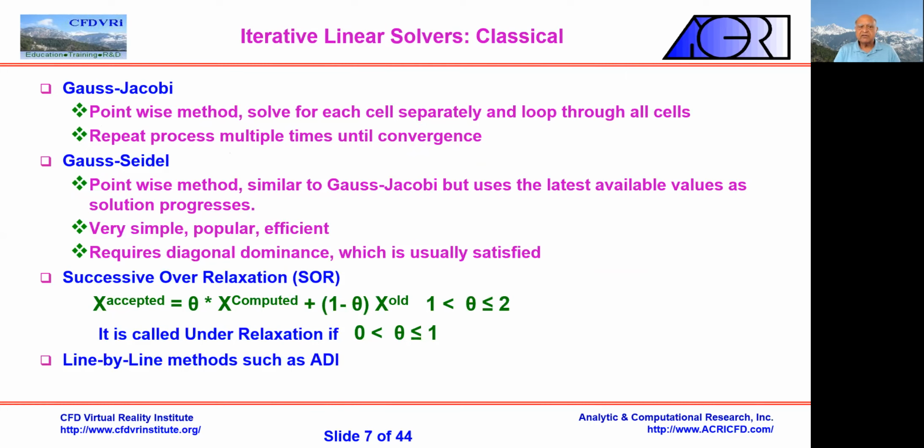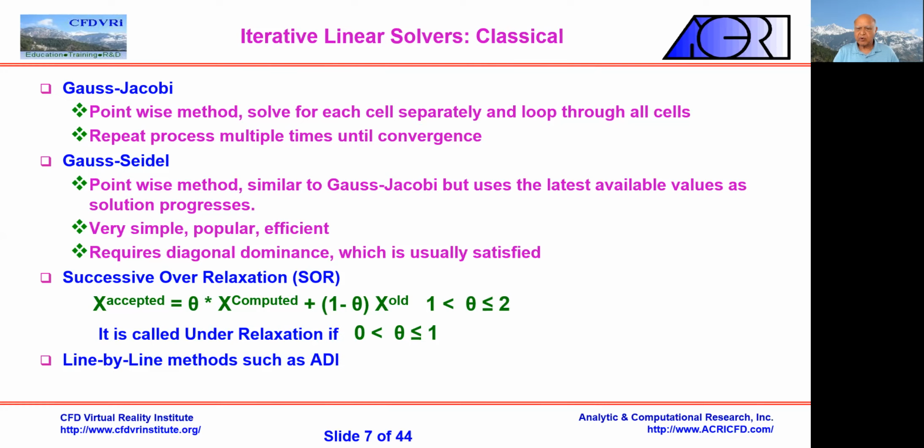So what are the linear solvers? Well, the classical one is the point-wise method called Gauss-Jacobi, named after the two mathematicians who developed it. It basically says that you have some initial values, and you solve for the next point, and for all the other values you use the previous time step, or iteration in the same way.